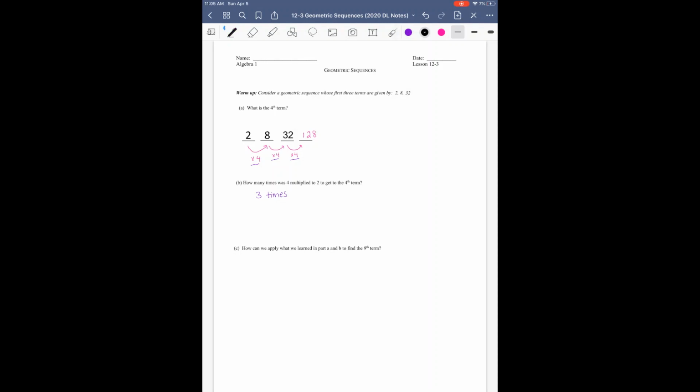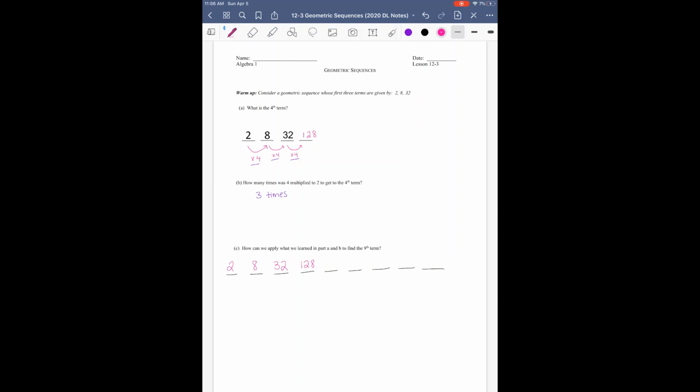So what we could do is continue that pattern to figure out what that ninth term is going to be. So it'll be 1, 2, 3, 4, 5, 6, 7, 8, 9. So I already have the first 4 terms. I've got 2, 8, 32, 128.